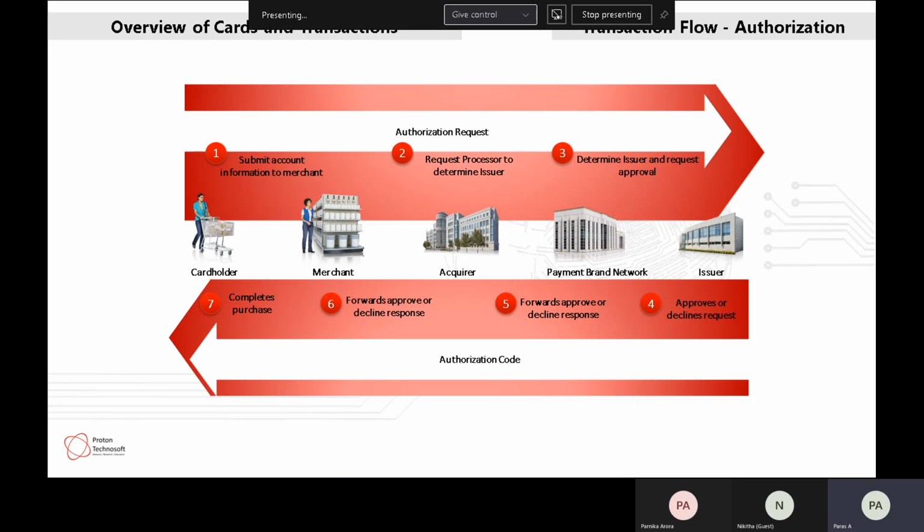What happens in case of an American Express? They don't have an acquirer or an issuer because they themselves are the account holders. So what they say is, if any transaction for American Express comes, I will flat charge you 4%. So I will take 4% of all the transactions.